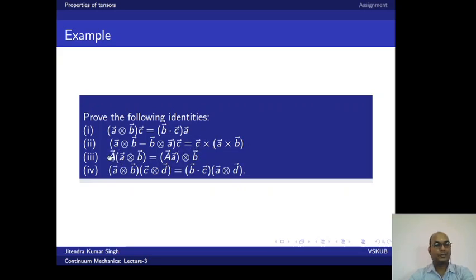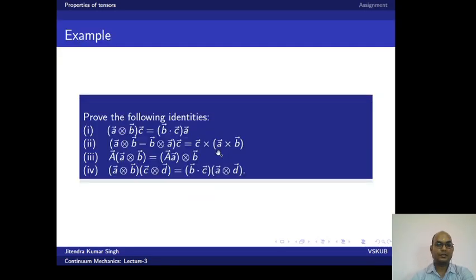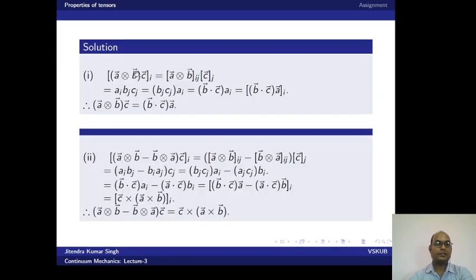The product of tensor A with the tensor product of vectors a and b is equal to (A a) tensor product with b. And the tensor product of a b, its product with the tensor product of c d, is equal to (b dot c) tensor product of vectors a and d. So how we shall prove this first result, we shall discuss here.